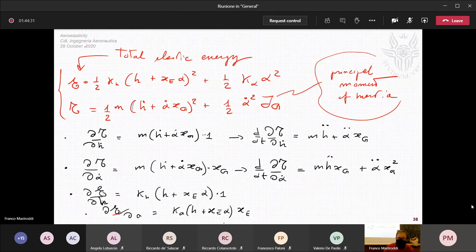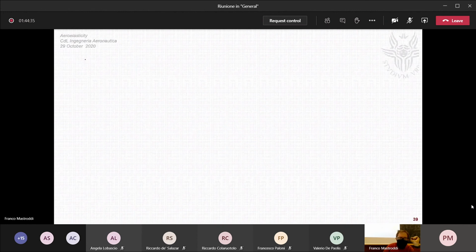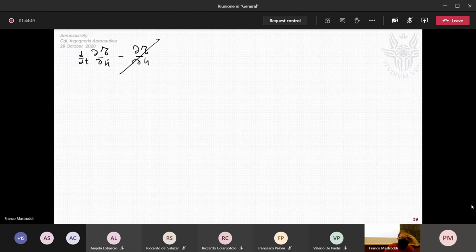Very final equation are the Lagrange equation of motion. In the other sheet here, we have the time derivative of T with respect to h dot minus T with respect to h, but we don't have this dependency, plus the derivative of E with respect to h equal to the generalized force.